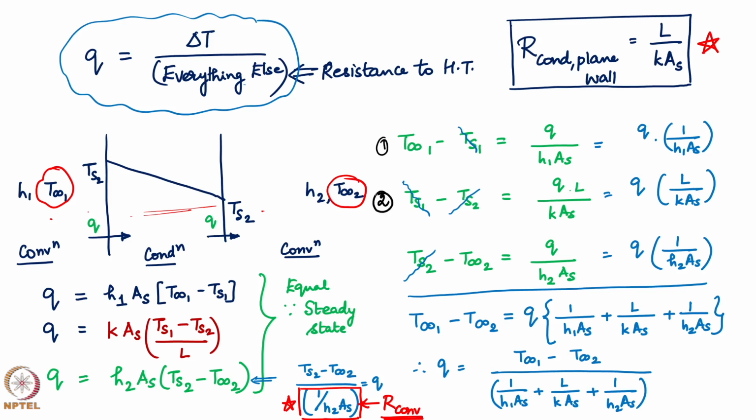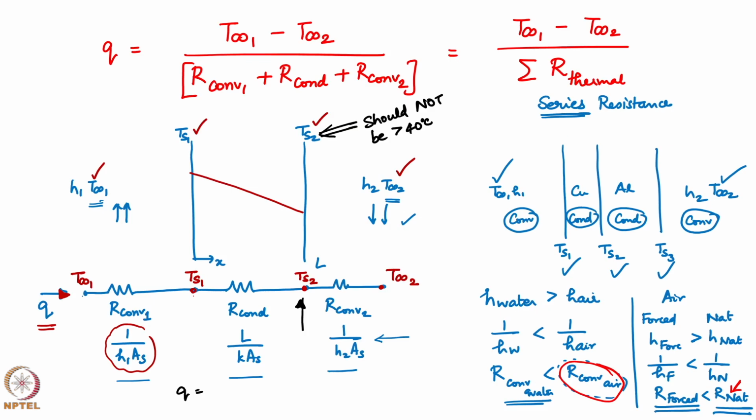I will get T infinity 1 minus T S 2 is equal to Q into 1 over H 1 A S plus L by K A S. So, I will get only these 2 resistances in the picture, and that is the total resistance, because I am considering the temperature drop between T infinity 1 and T S 2, not T infinity 1 and T infinity 2. I do not have to write the R convection 2 at all, because this is what I am trying to consider. I hope this is clear.